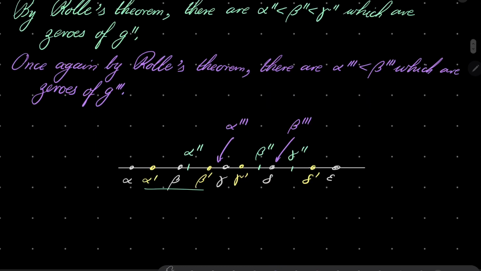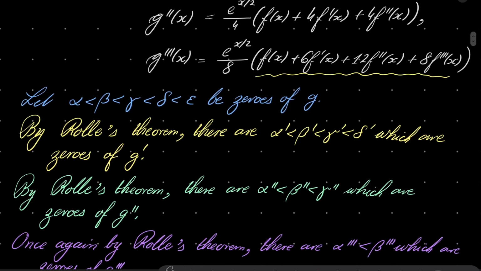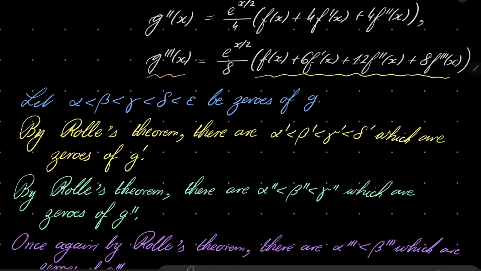Which means that, let's go back to our function g triple prime of x, the third derivative of g. Notice that this part right here is never zero. So this means that this function underlined in yellow must have zeros at alpha triple prime and beta triple prime.